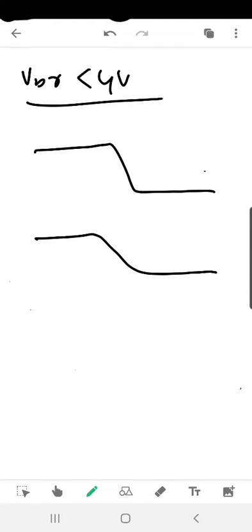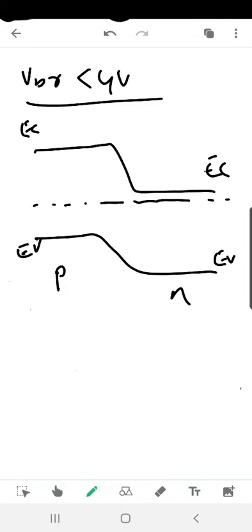This is our conduction band, this is our valence band, of the p-type semiconductor, and these are the conduction band and valence band of the n-type semiconductor, and these are our Fermi levels. This is the Fermi level of the p-type semiconductor, and this is the Fermi level of the n-type semiconductor.